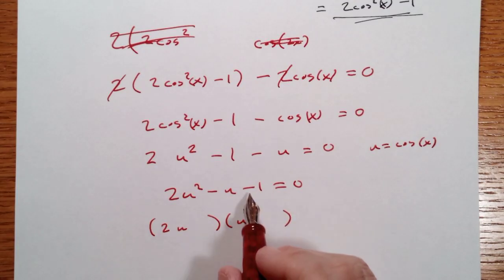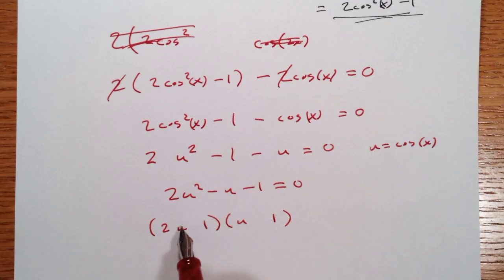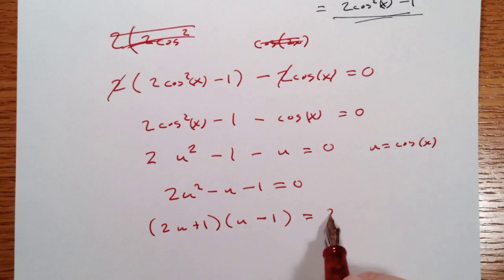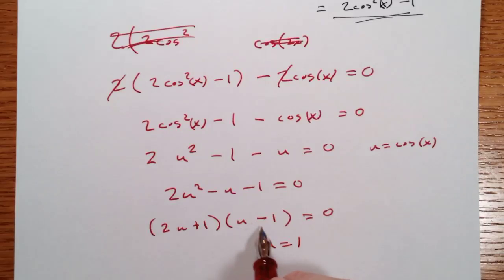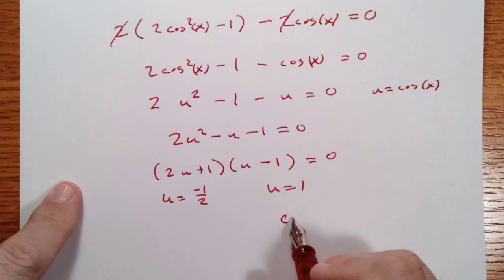I want a minus 1, so I need a 1 and a 1. One of those needs to be positive, one of those needs to be negative. In order to get a minus, I need this one to be negative and this one to be positive. So either u equals 1 to make this 0, or u equals negative 1/2 to make this 0. But u is cosine of x.